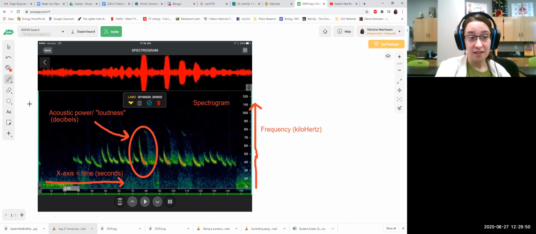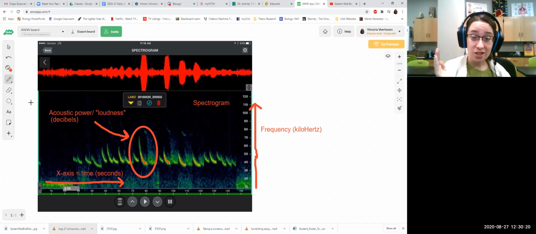Now I got this even though the eastern red bat's native range does not overlap in Arkansas. And the reason I caught this is that it is similar to another bat call that I am looking for, that the rate of the frequency in which I normally capture that particular species of bat is low.